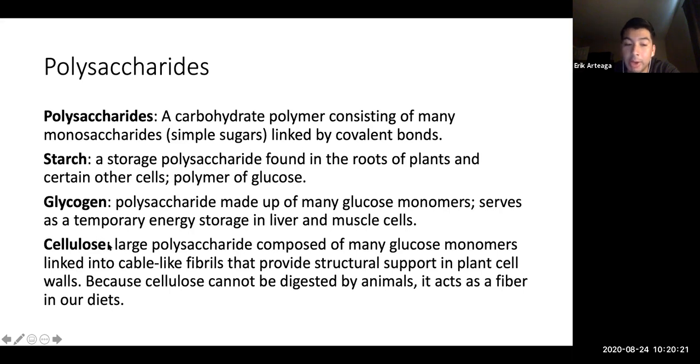Not even the microorganisms living in your gut can digest cellulose. It's a very, very strong polymer of linked glucose molecules. Think of it as the bulletproof armor of glucose, right? It's really difficult to break down.